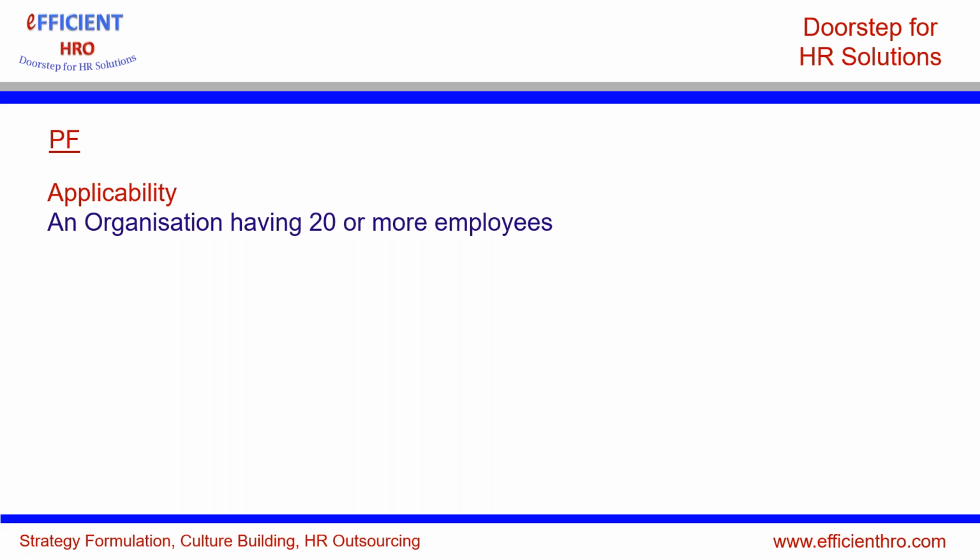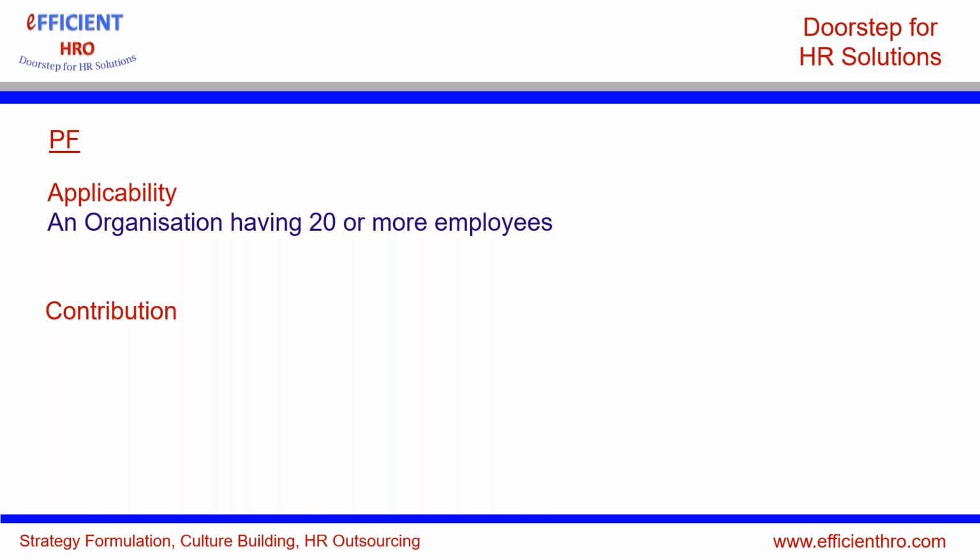However, organizations can take the PF code even if their employee strength is less than 20. Below 20, it is voluntary, but at 20 and above, it is compulsory. It will be mandatory for the organizations to take PF.